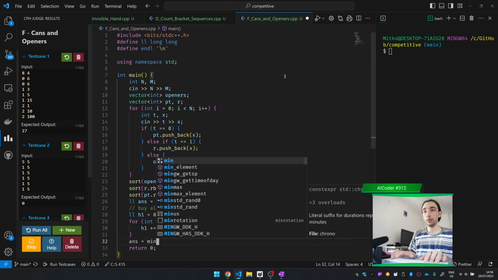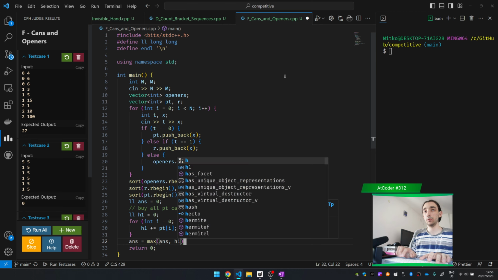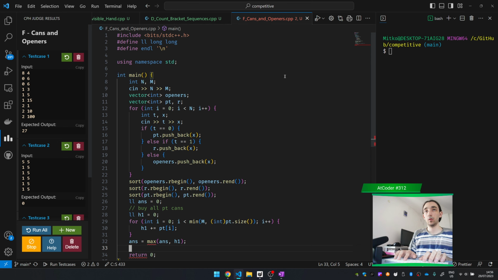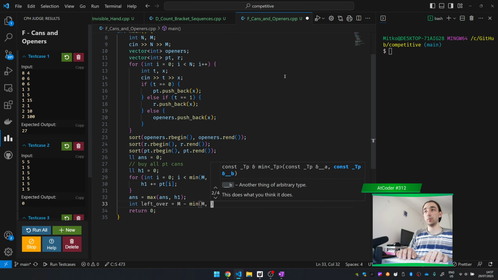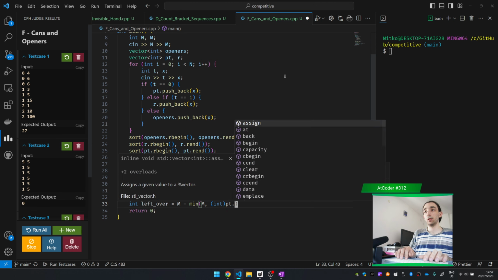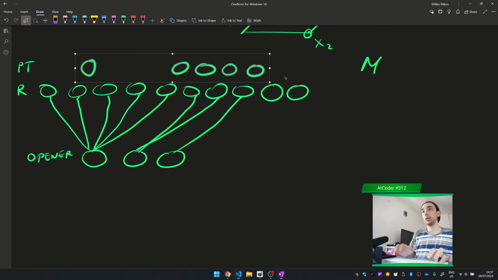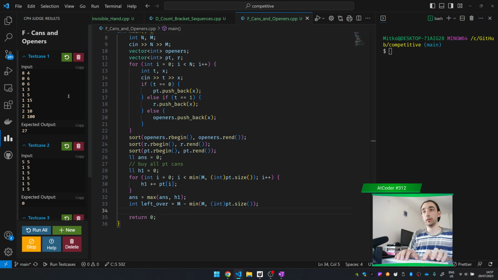So this is at least this. Then there's something left over. Left over is M minus the minimum of M and this. So this is left over for like the cans and the openers.